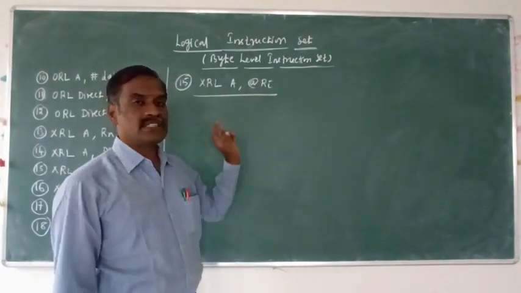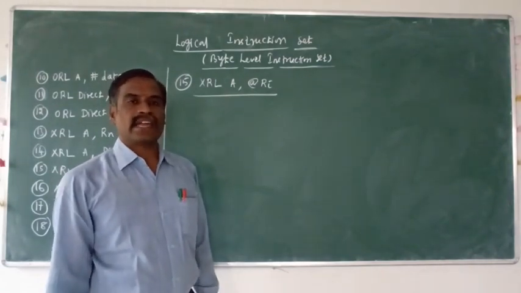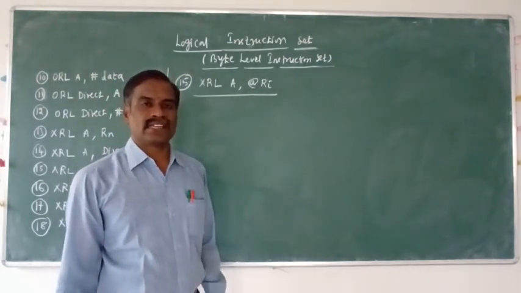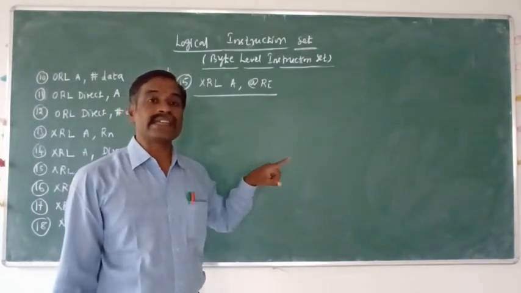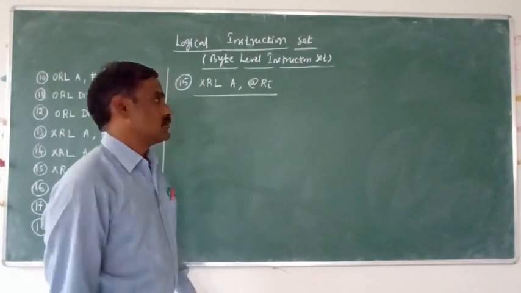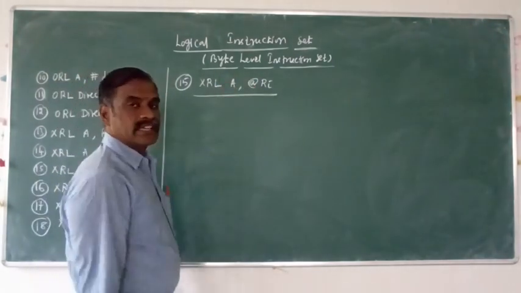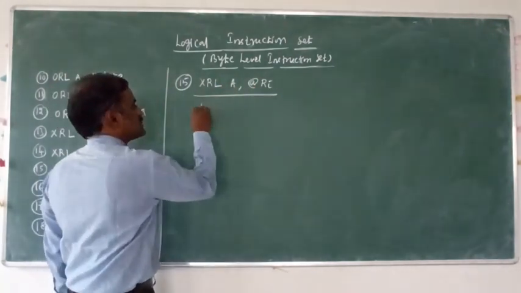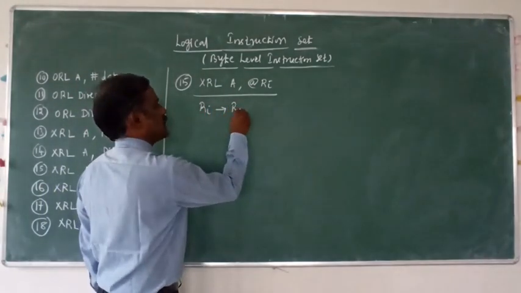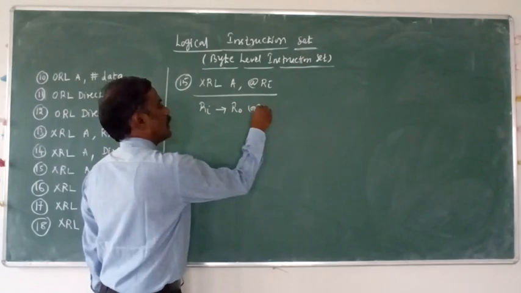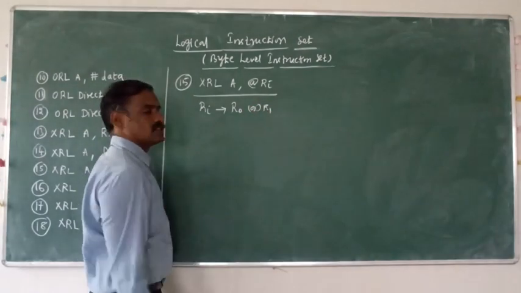The @ means indirect. The data is not directly available; the memory address will be available in an internal register. Here Ri means internal register, and we can initialize only R0 or R1.